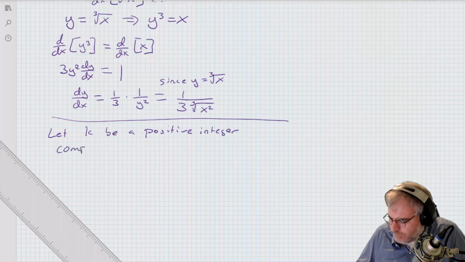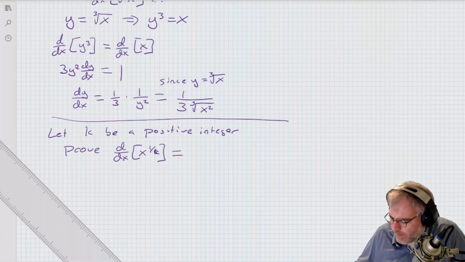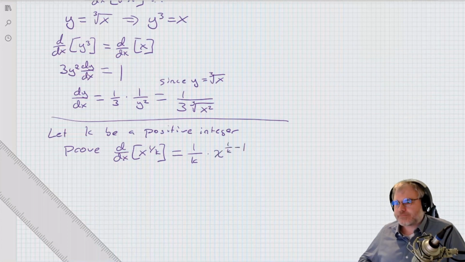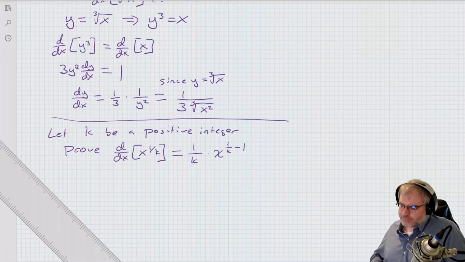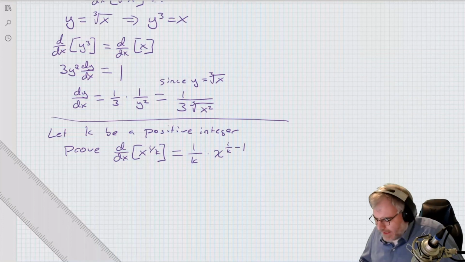Compute, or I should say prove, that d over dx of x to the 1 over k equals, and what do I want? 1 over k times x to the 1 over k minus 1.